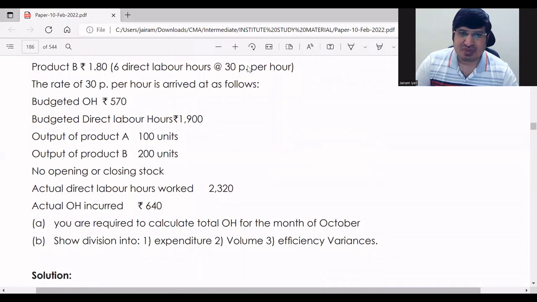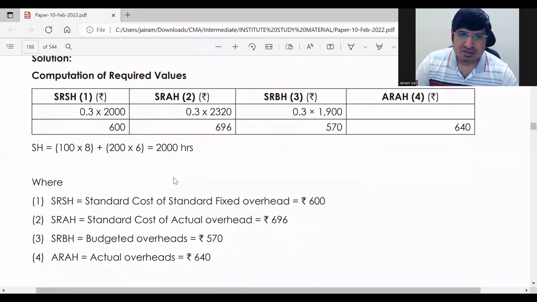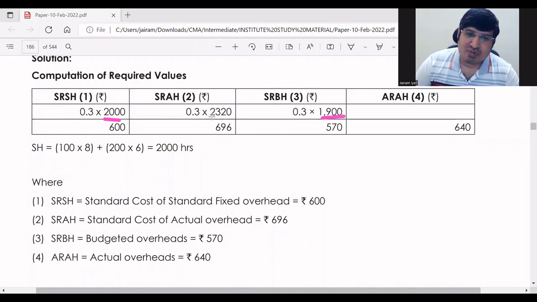And second, our budgeted hours is 1900. Correct? Let's go down again. So that's how we have written here 2000, and here we have written budgeted hours 1900. And actual hours are given in the problem, 2320. The actual hours are given as it is.